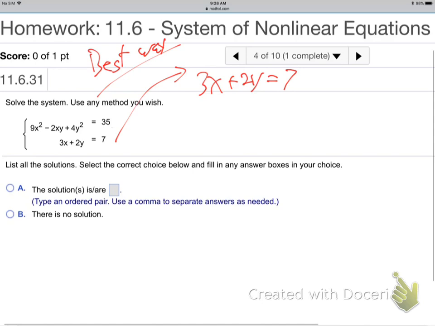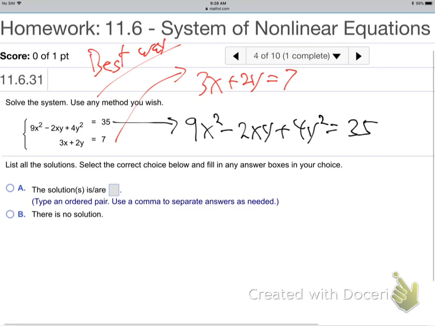When I look at solving for something and plugging into the other equation, here's what you can look for. I don't have to get y alone. I could just move the 3x over and get 2y, and replace 2y, not y alone.